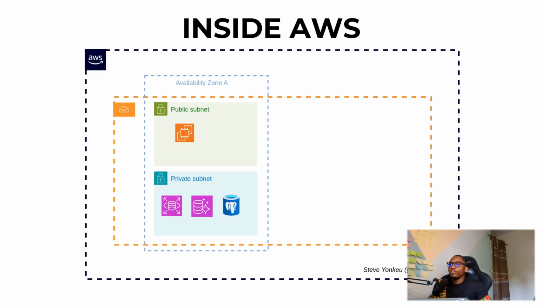This is a diagram of the architecture. This is how the architecture works. We have our availability zone, the private and the public subnet. The EC2 instance is found in the public subnet, which is what we use. As you can see, the VPC here is inside AWS, and the VPC has the private and the public subnet, which we'll be using for this tutorial. Hope everything is good.